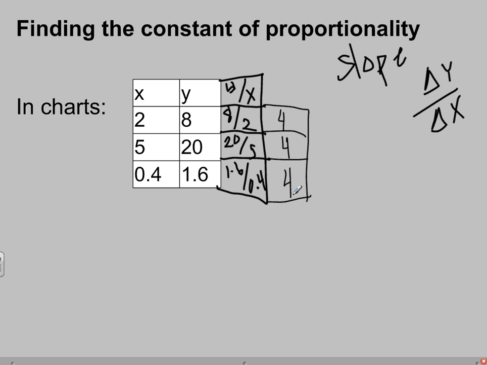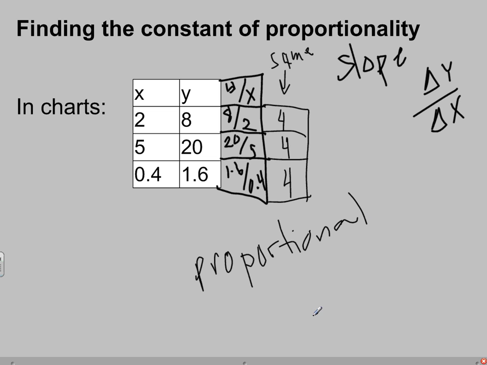From the work we did yesterday, you should know that because these are all the same, they describe a proportional relationship, right? They have to have the same ratio to be a proportional relationship. And that number that you came up with when you found those ratios, that number right there is k. It's your constant of proportionality.